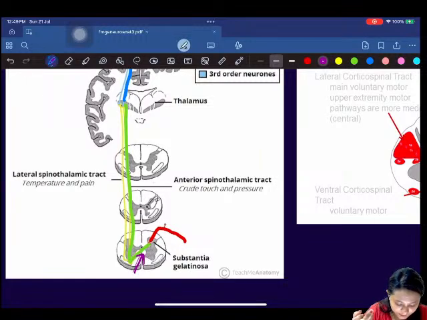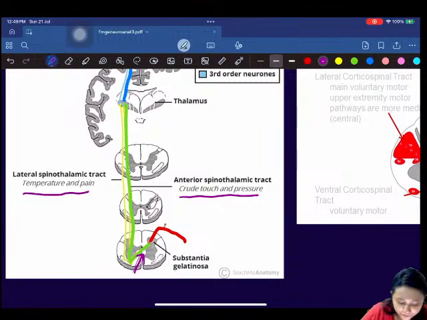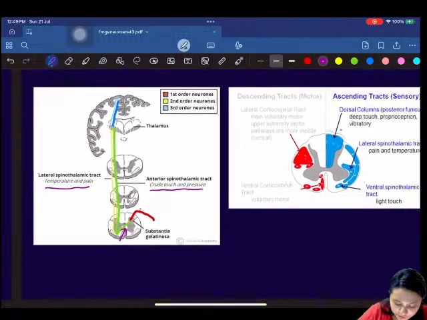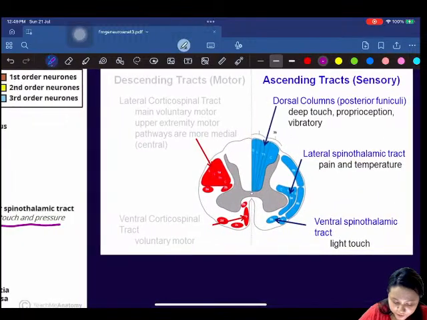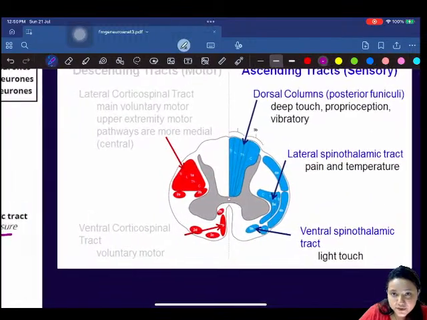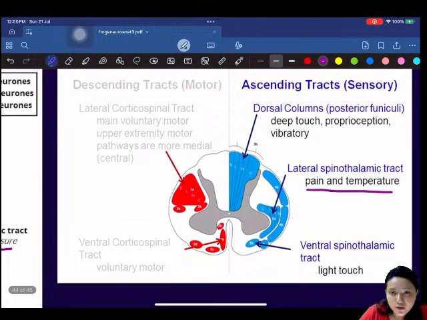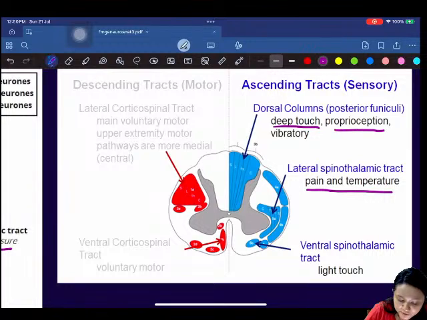Now you know that the anterior spinothalamic tract is mostly for crude touch and pressure, and the lateral spinothalamic tract is for temperature and pain. These are mostly the sensory fibers we are talking about. The lateral spinothalamic tract is mostly for pain, temperature and light touch. And the dorsal column is mostly responsible for deep touch, proprioception and vibration.